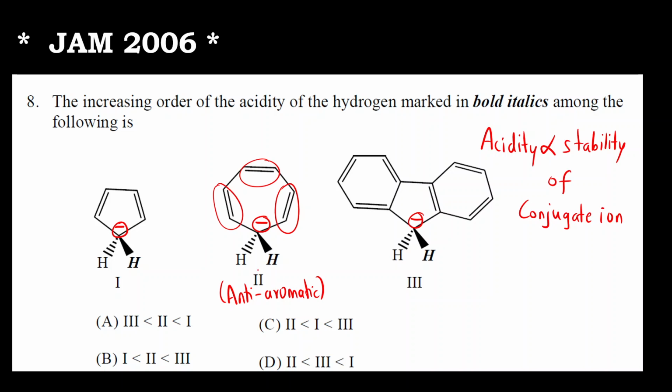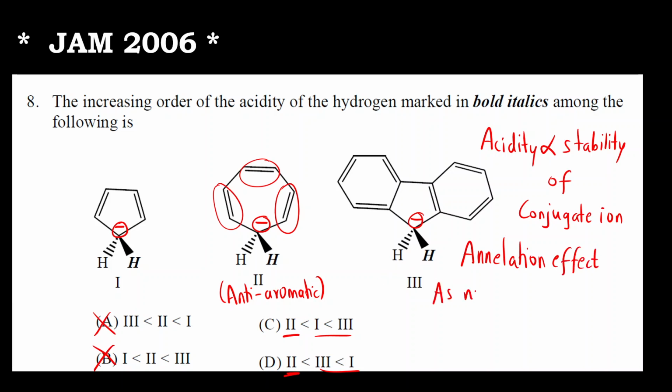So the second one is the least acidic. C and D remain; options A and B are eliminated. Now we have to see between 1 and 3. So there is a concept of annulation effect. What is the meaning of this?